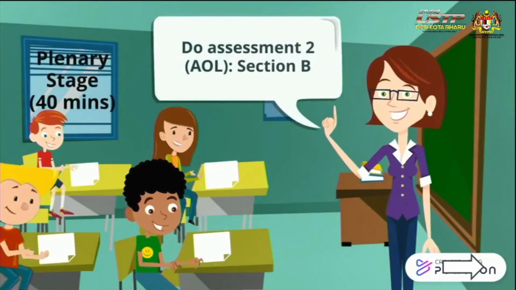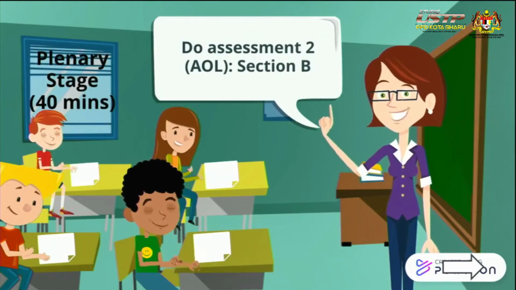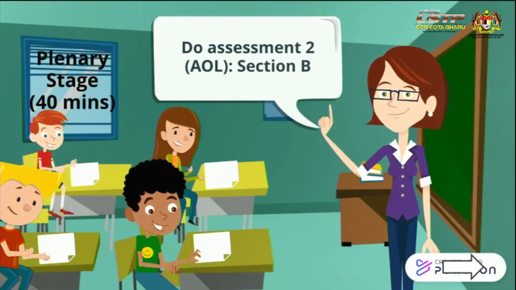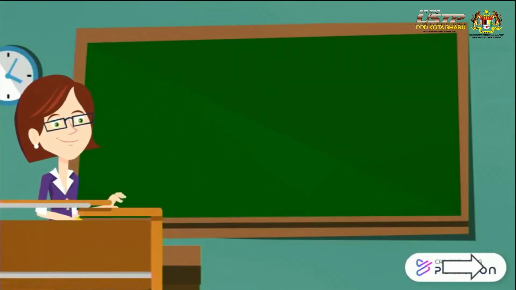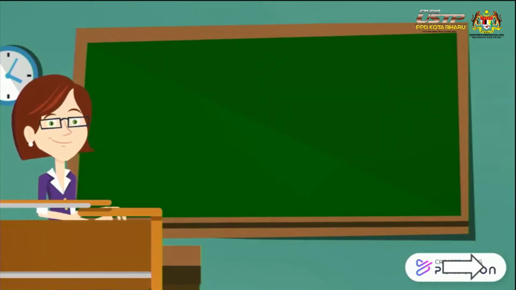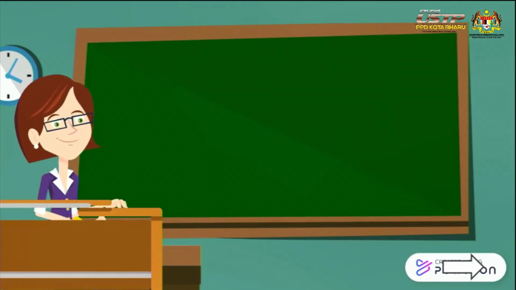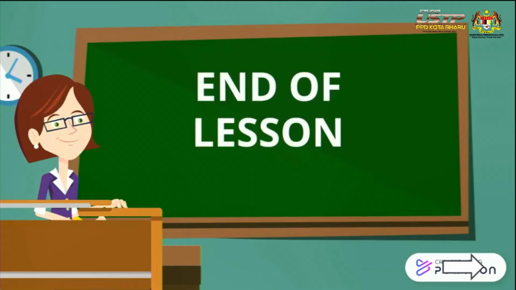For the plenary stage, the pupils are given Assessment 2 that consists of a few exercises based on the UPSR format, which are provided in the handouts. Teacher then checks the answers of a few assessment exercises during the lesson and allows the pupils to attempt the others as homework. And that's the end of the lesson. Thank you.